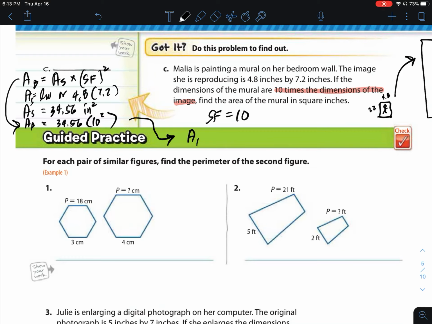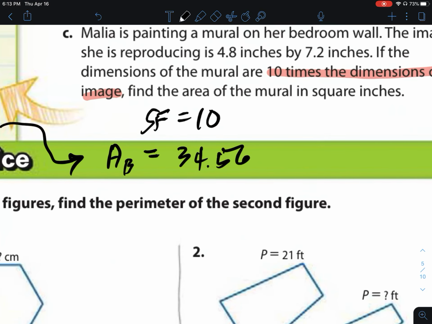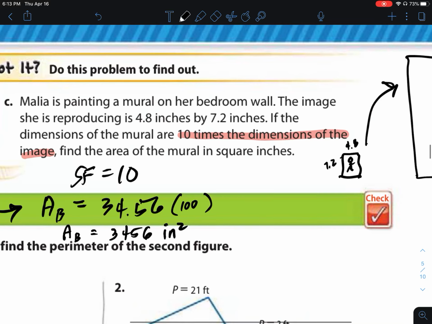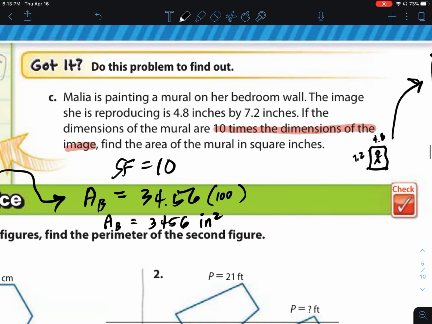So the area of our big figure is 34.56 times 100, or 3,456 square inches. And that is now the area of the mural she wants to reproduce.